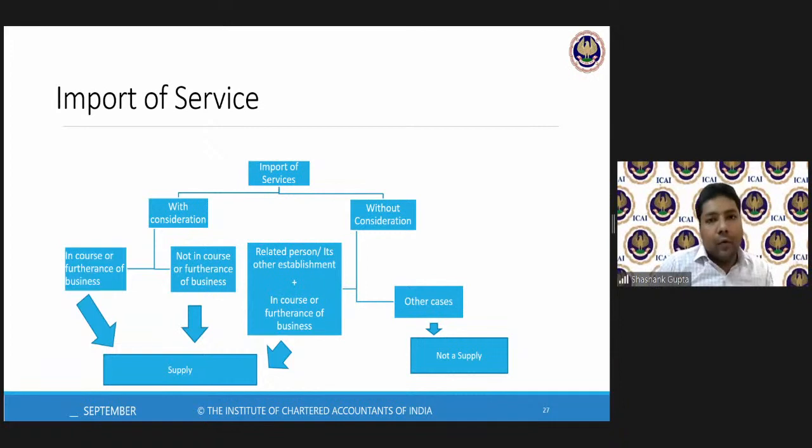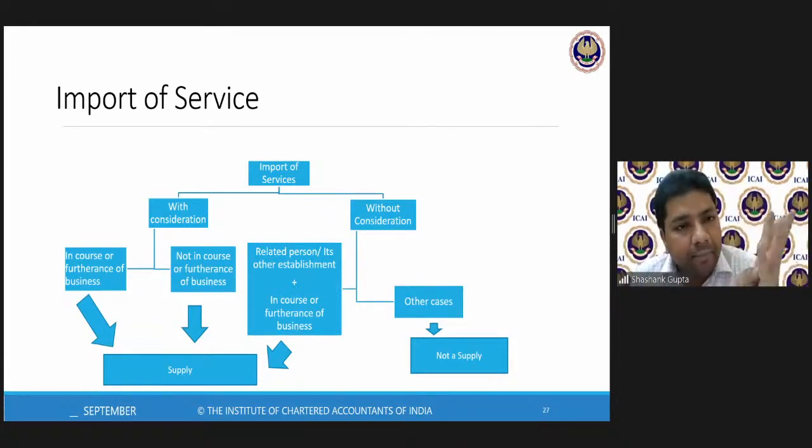So for import of service, even if there is no consideration, but it is happening from a related person or any other establishment in the course of furtherance of business, it is supply.